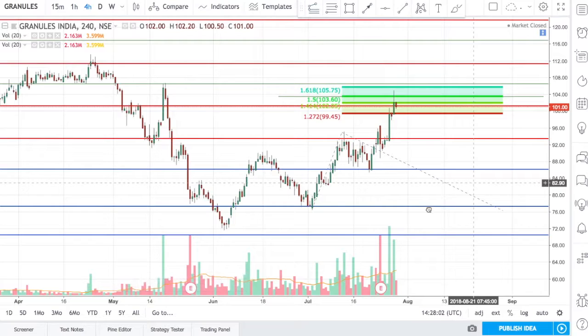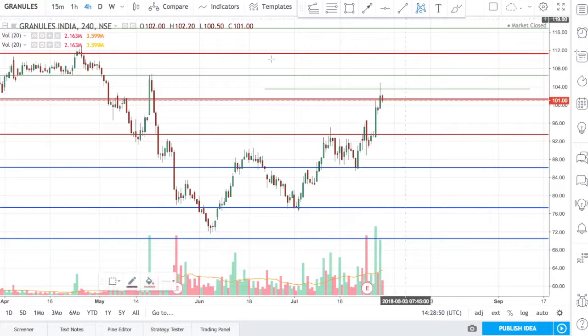The fib extension of this leg is between 0.5 and 0.618. So that is once again a supporting factor, a signal which could tell us there is high possibility of a reversal happening from that point.